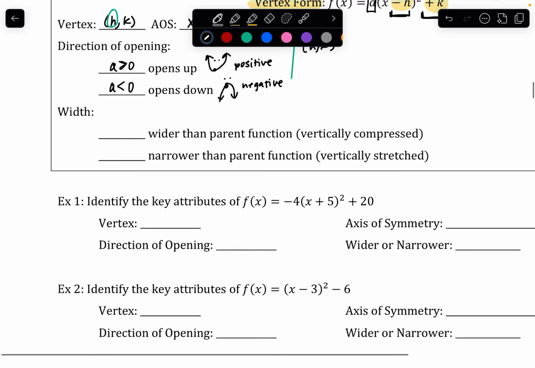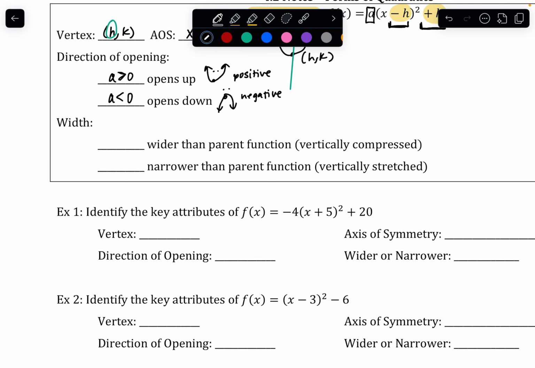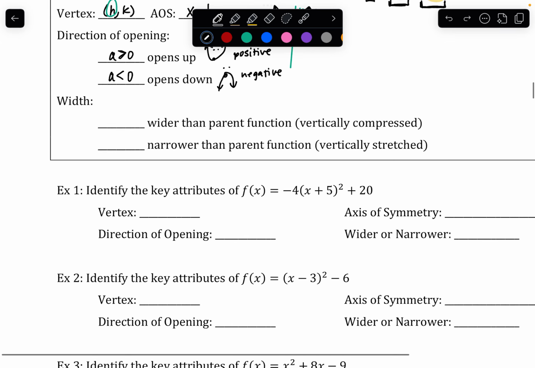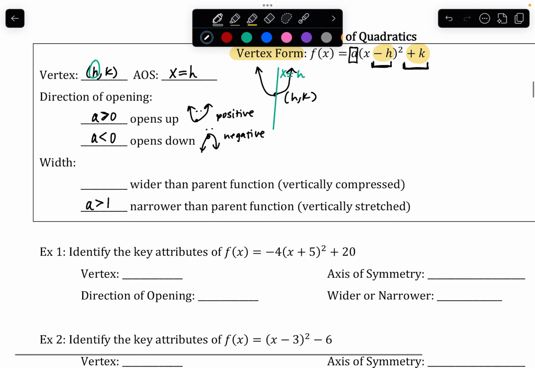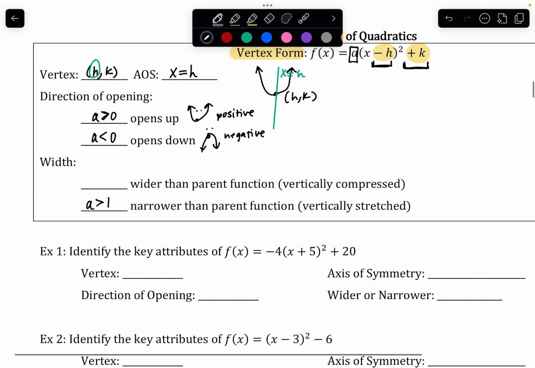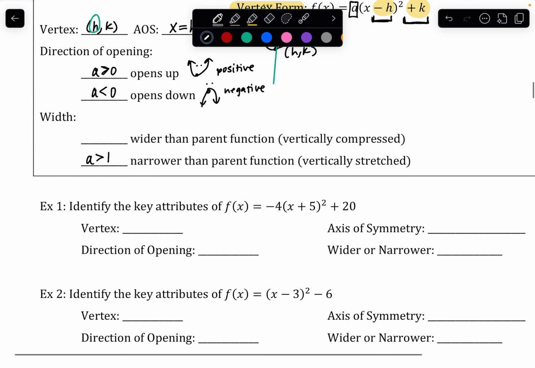Okay, and then for the width, the greater the a value, the more vertically stretched it is. So if a is bigger than 1, which for the parent function x squared, it's 1, so if it's bigger than 1, it's going to be narrower. It's going to be taller.